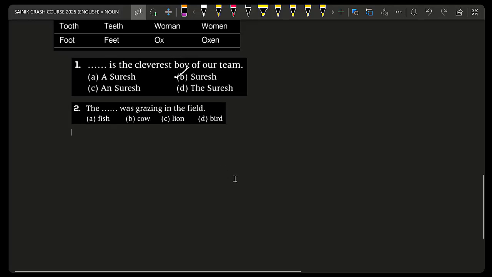The dash was grazing in the field. Option A fish, option B cow, option C lion, and option D bird.